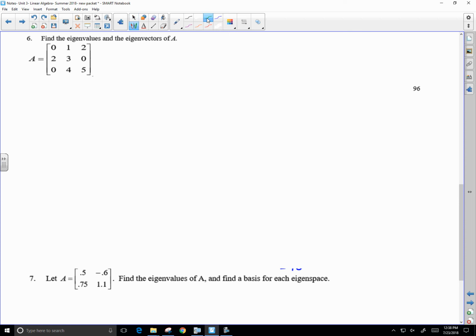All right, so again, A minus I lambda. So negative lambda, 1, 2, 2, 3 minus lambda, 0, 0, 4, 5 minus lambda.